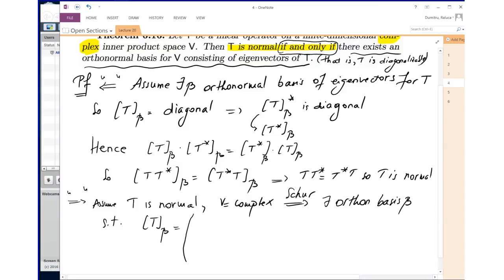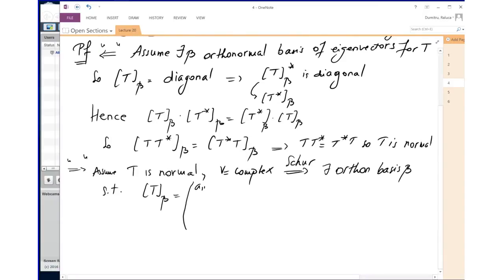What does upper triangular mean? A11, 0, 0, 0, then A12, A22, 0, 0, and so on. Let's say beta is V1 to Vn.